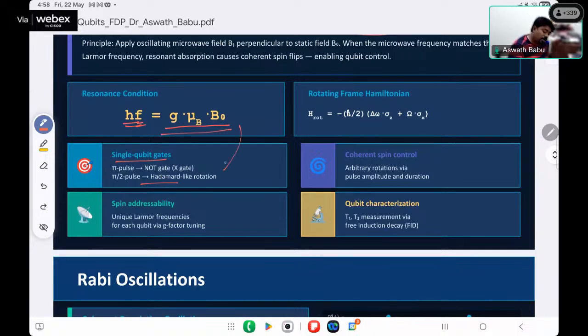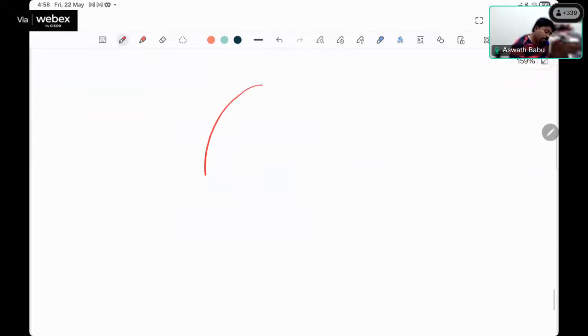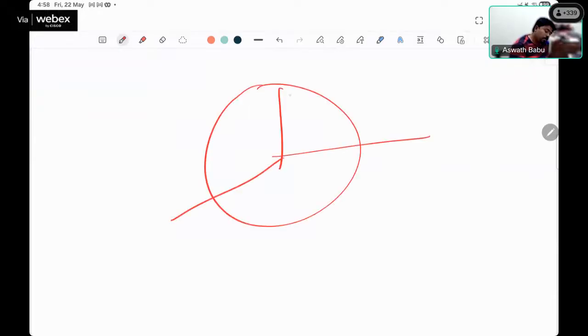What is this pulsing operation? Let's say initially my quantum state is pointed towards the north pole. Now it has to rotate towards the x-axis, that is in this direction. Once it goes in this direction, you know what happens? The quantum state is going to be an equal superposition state, 50% ground, 50% excited.